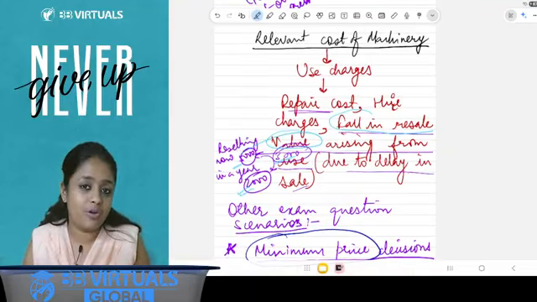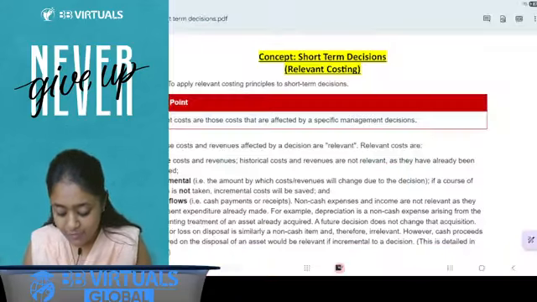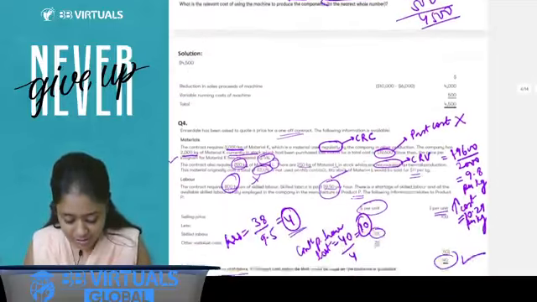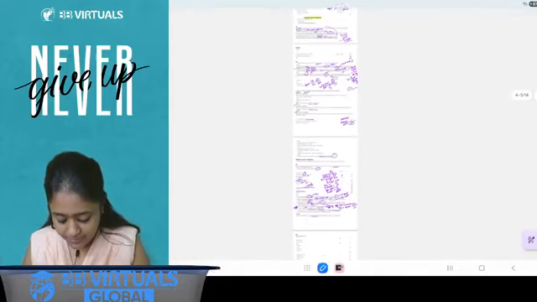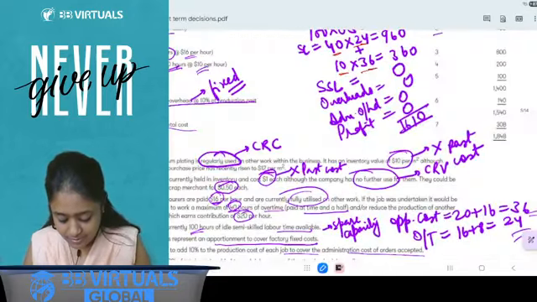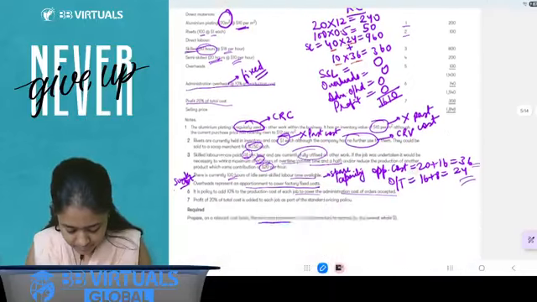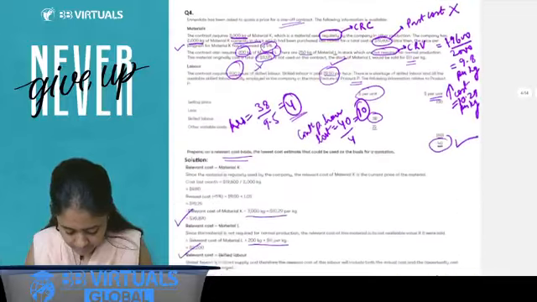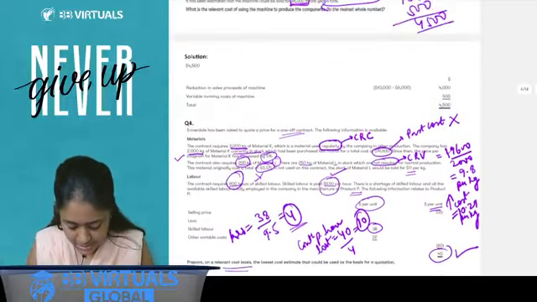Clear? I'll look at more exam scenarios, but why don't we have one question discussion where we will look into the relevant costing discussion so that we are clear with the concept that we have covered. Let's do it here. Okay, so I'll take up this very interesting question and let's discuss it here.